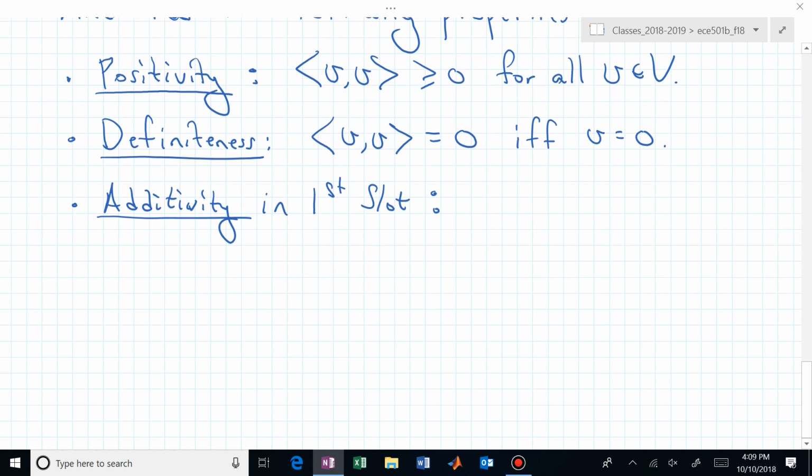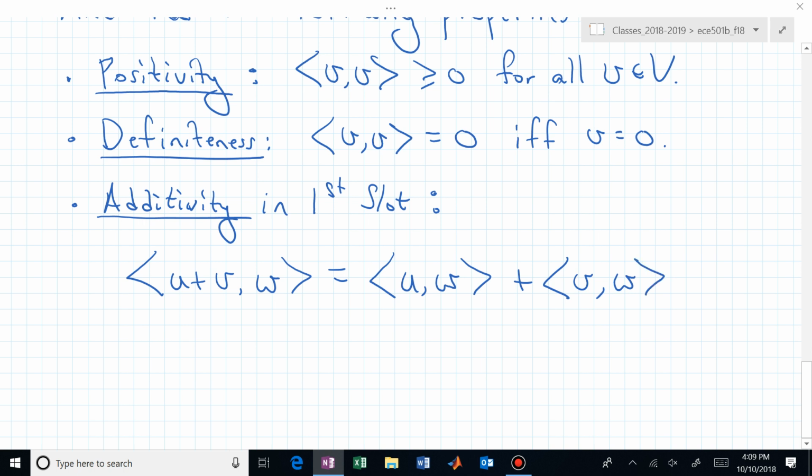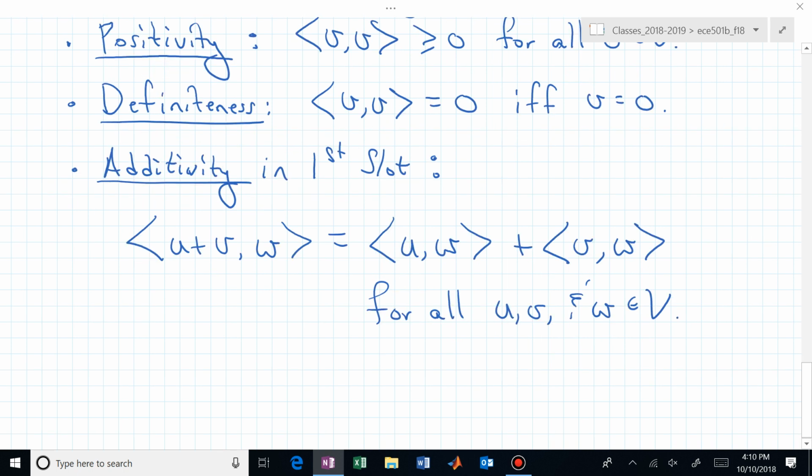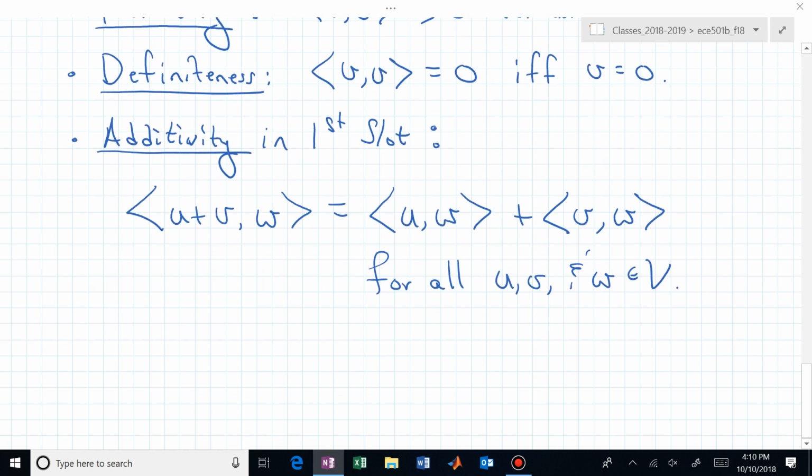If we want additivity in the first slot, what we mean is if we have U plus V in the first slot and W in the second, then we want that to be equal to the sum of two inner products, U with W and V with W. And that should be true for all U, V, and W that belong to V. That's what we mean by additivity in the first slot.